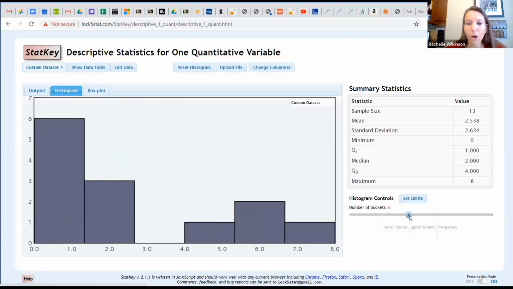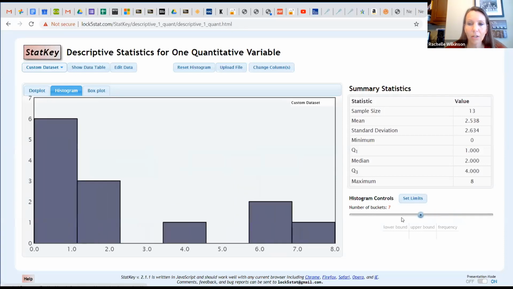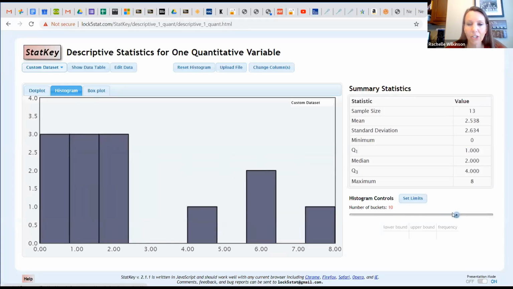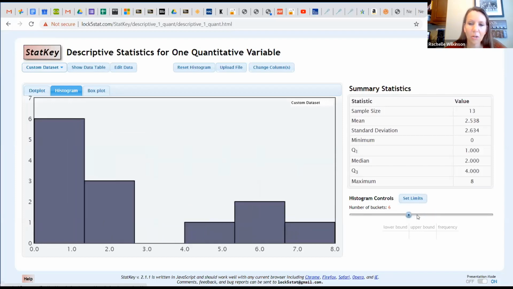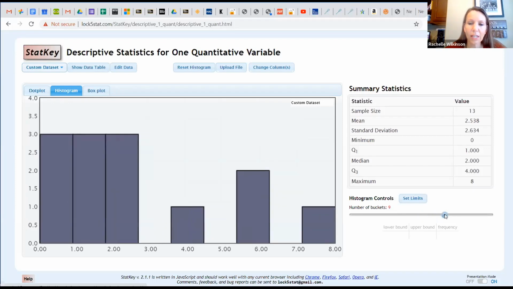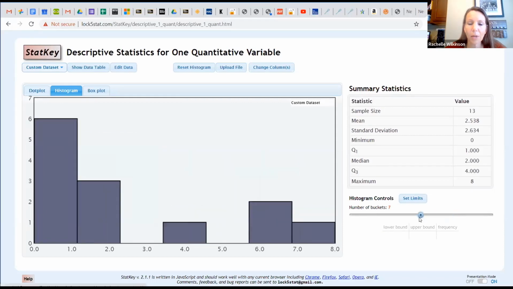So you can see that the overall pattern of the points tends to stay the same no matter how many buckets you have in general. But depending on your data, I think it automatically chooses 10 buckets for you on any given graph. But sometimes, depending on your data, it might be more interesting or look better with a different number. So you can kind of use the slider bar to get your graph so that it looks good.